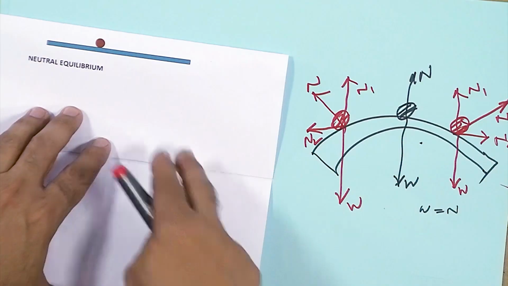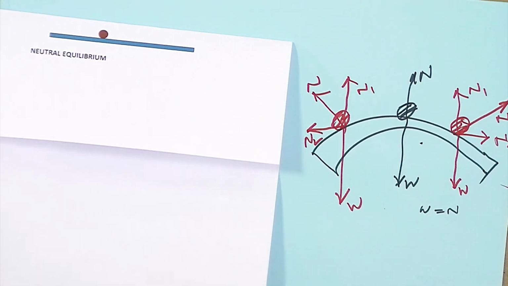Now, let us look at the third type of equilibrium we have talked about. That is what we refer to as neutral equilibrium. As the very name suggests, it is neutral in the sense that it is neither stable nor unstable, so to speak.